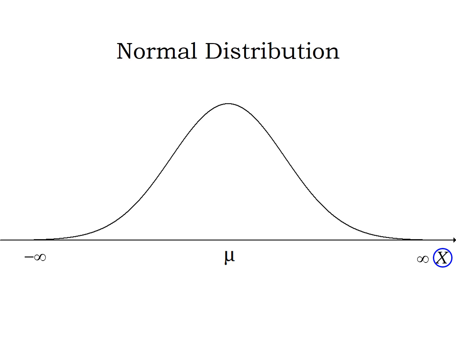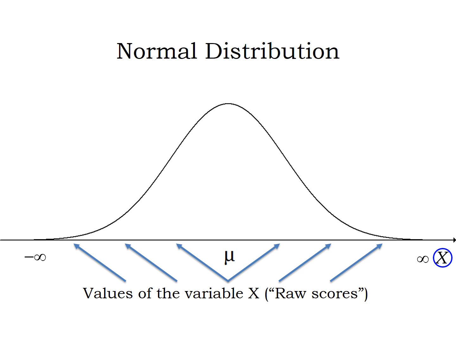I'm going to say this is a graph of the variable x. So these values on the horizontal axis represent the possible values of our random variable x. These are often called raw scores when you're working with a normal distribution in particular. Now, the curve itself is the graph of the probability density function.